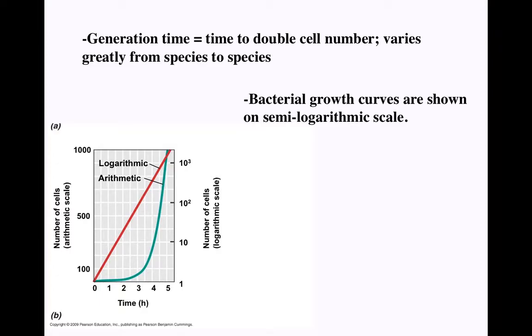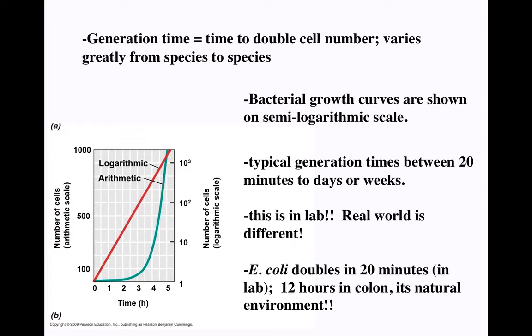So what's generally done in terms of graphing the number of cells is to put them on a log scale rather than an arithmetic scale. That would be shown here in the red line, so that as those populations double and then double again and double again, you can see it as a straight line growth.